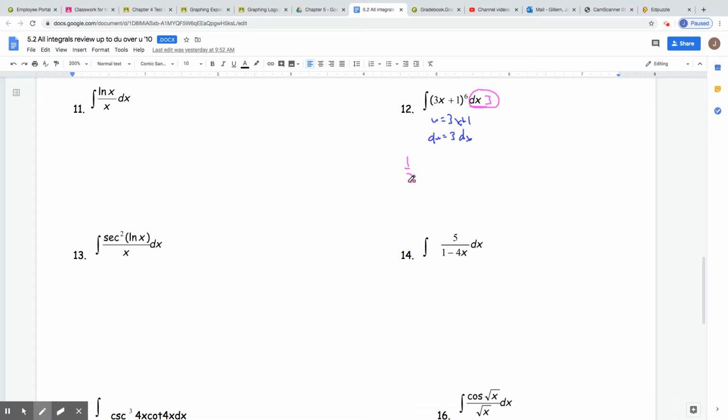So I had a 1/3 on the outside. This is my u, right? So it's u to the 6 du, which is 1/3 u to the 7th over 7 plus c. So my final answer is 3x plus 1 to the 7th power over 21 plus c.